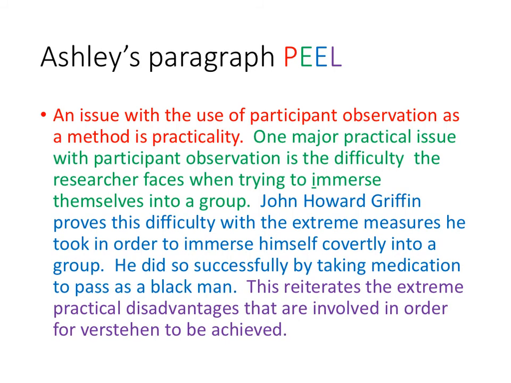So putting all of that together, we can see how this paragraph is constructed as a whole. So there's the point, there's the explanation, there's the example, and there's a linking sentence that relates the point back to the question. And the question that this candidate was attempting was about the disadvantages of using participant observation.